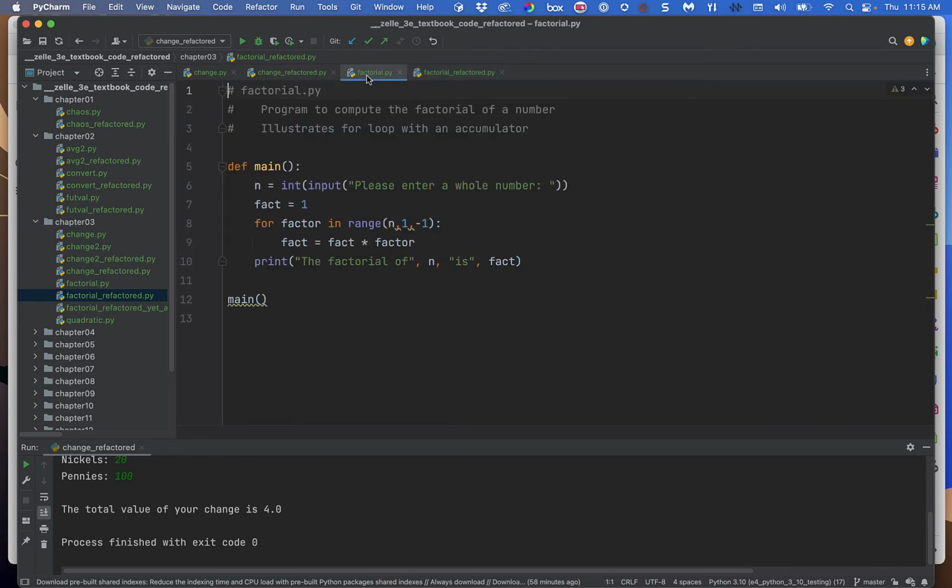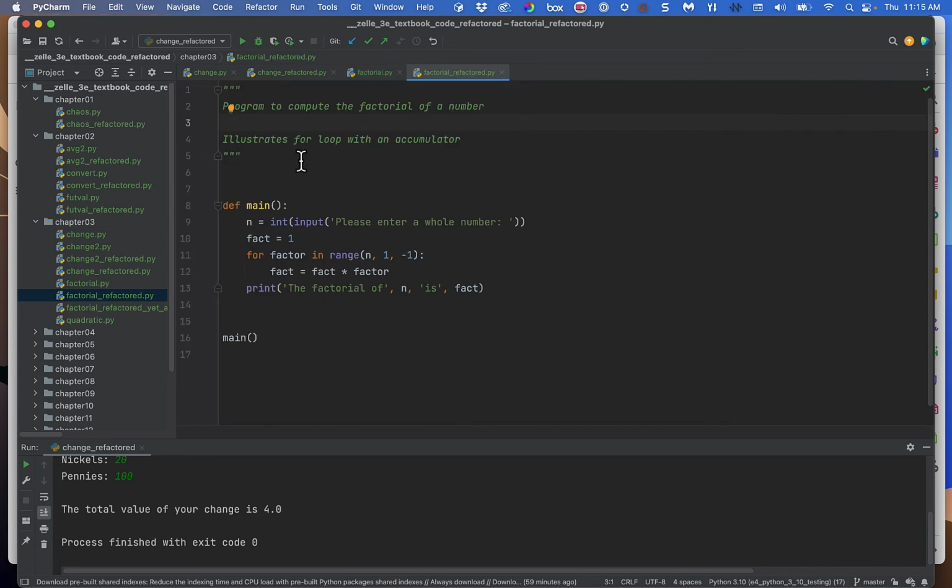So if we go back to this, he had 2 things to say in the comments. Program to compute a factorial of a number, illustrates for loop with an accumulator. And we're going to say the same thing in the refactored version, but the summary comment is up here. There's always a blank line in between, and then the detail comments begin on line 3.